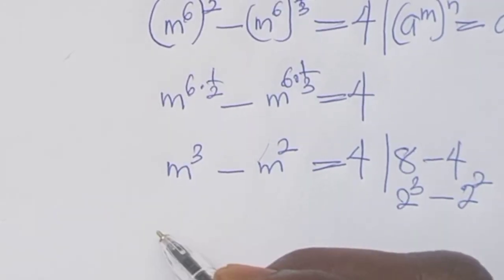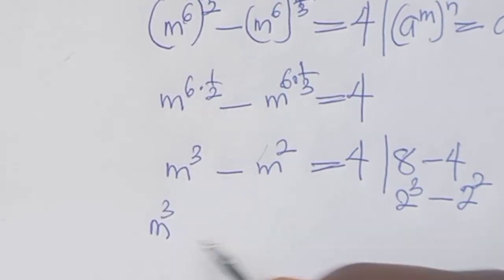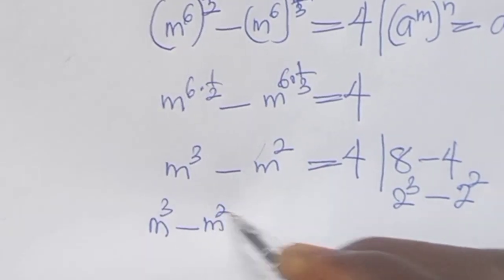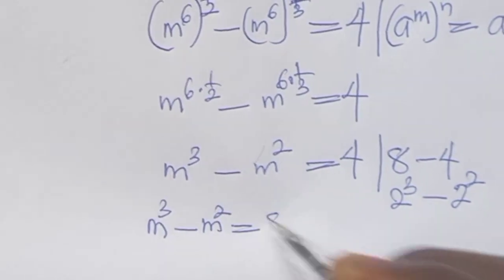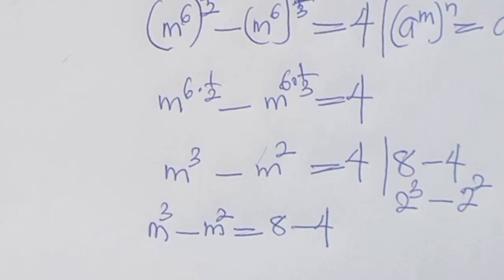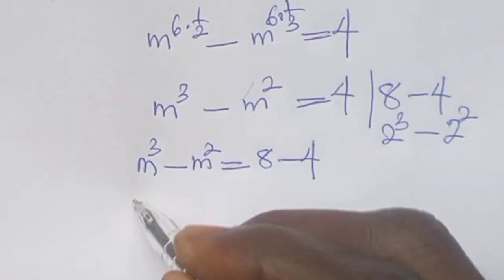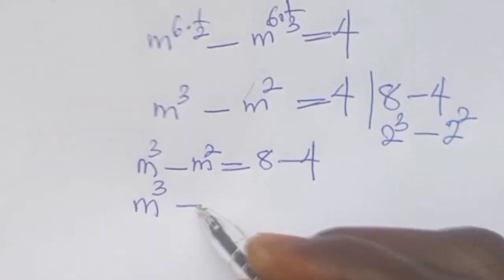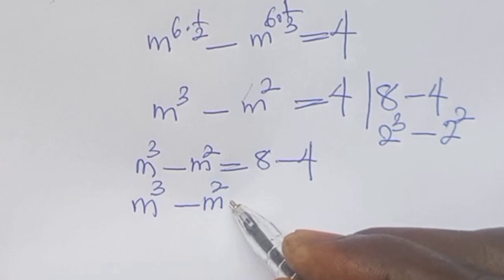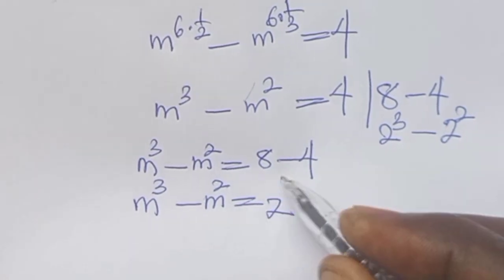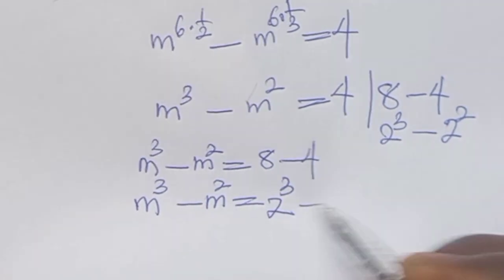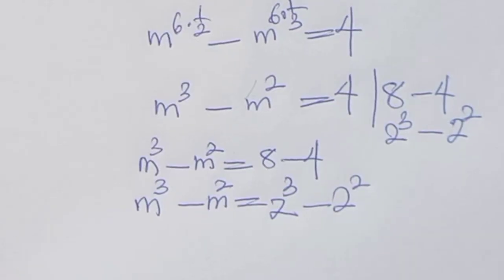So that the next line becomes m to the power of 3 minus m to the power of 2 equals to 8 minus 4. And it is m to the power of 3 minus m to the power of 2 equals to 2 to the power of 3, which is 8, minus 2 to the power of 2, which is 4.